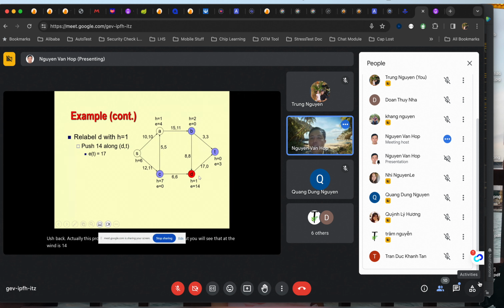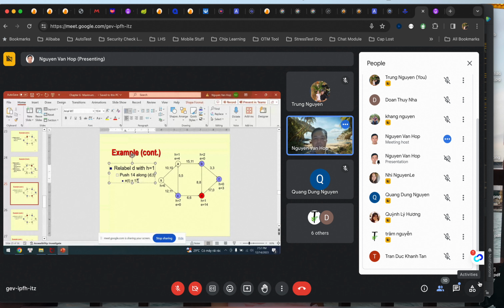That's the 14. Then we push here 14 only, not 16. Sorry, correct for me this one. 14, not 17. Push 14 here, therefore is 14, not 17. ED.